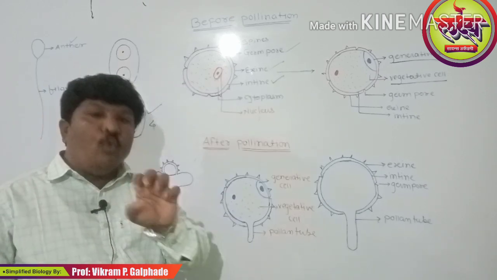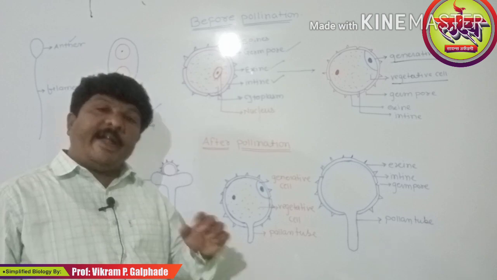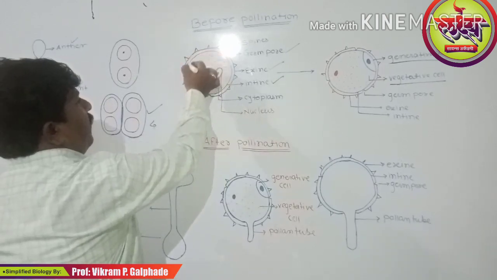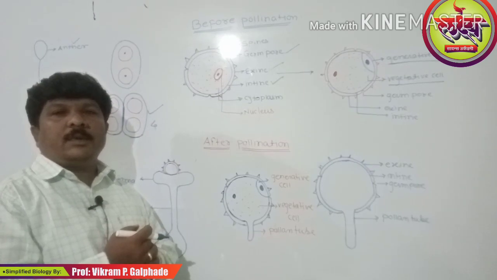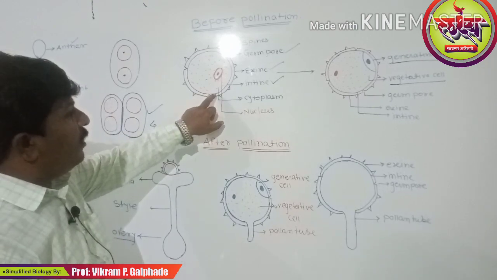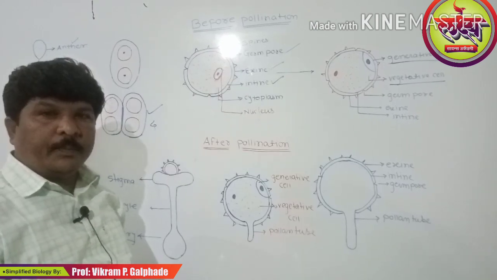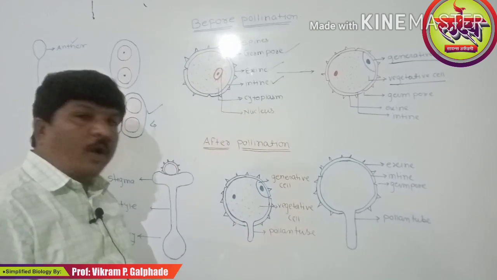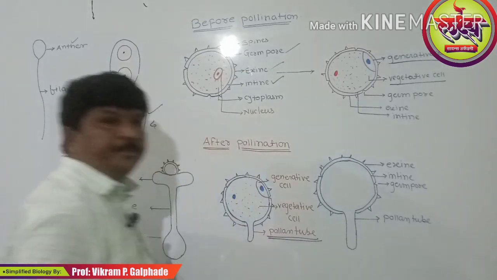It absorbs more and more sugary alkaline fluid, and due to this the internal pressure of the entire grain increases, and the wall breaks at any one germ pore and comes outside in the form of a tube-like structure, which we call the pollen tube.